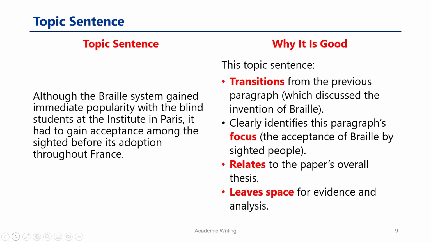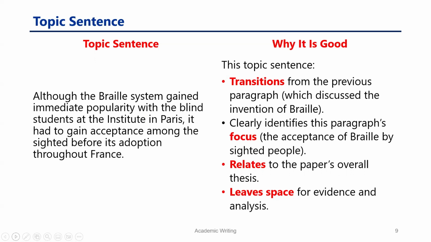So let's look at an example of a topic sentence. Although the Braille system gained immediate popularity with the blind students at the Institute in Paris, it had to gain acceptance among the sighted before its adoption throughout France. Why is that a good topic sentence? First of all, it transitions from the previous paragraph, which we don't see here, but that previous paragraph discussed the invention of Braille.